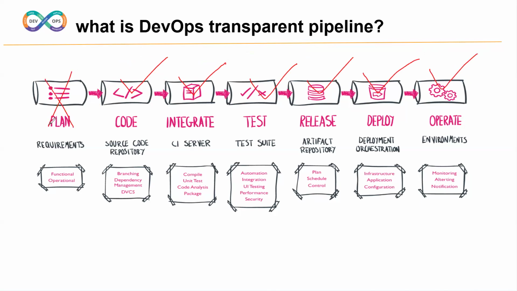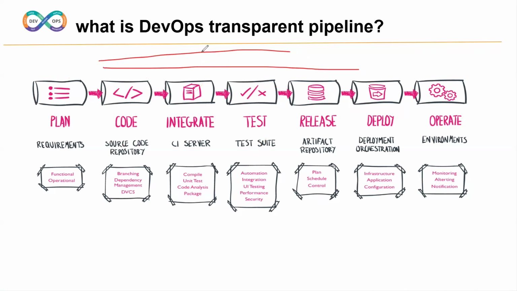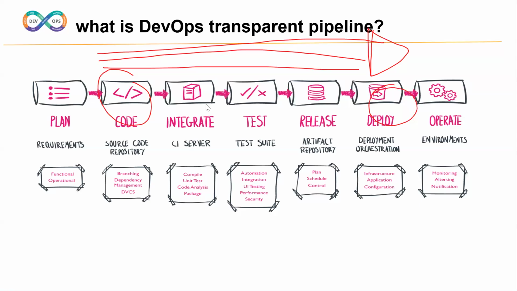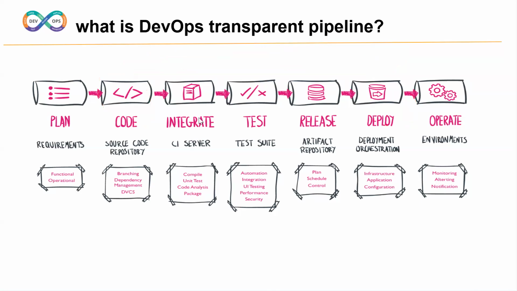But to be frank, we are not doing any planning. We are not writing any coding. We are not writing any test cases. We are just implementing an automated DevOps transparent pipeline from dev environment to operations.